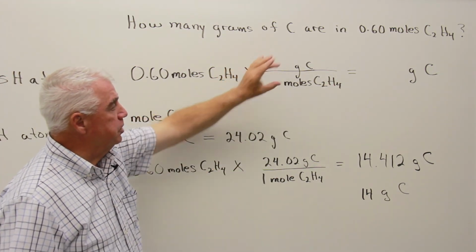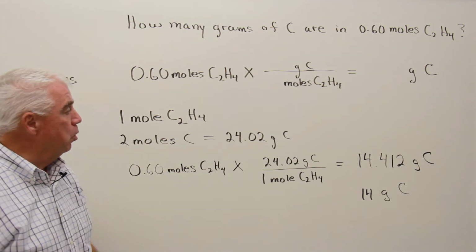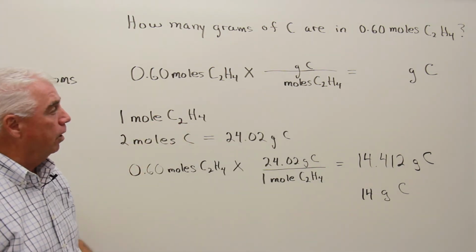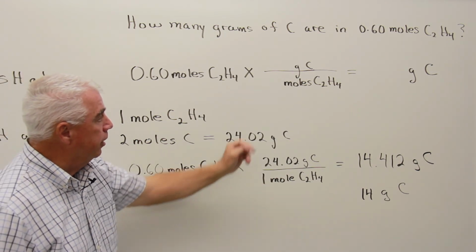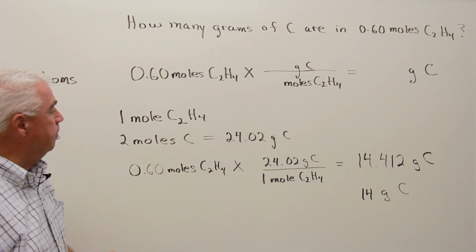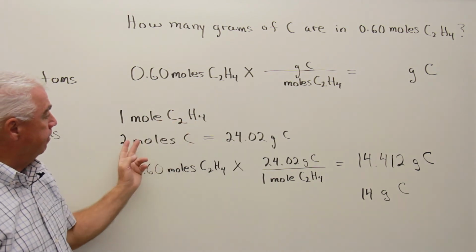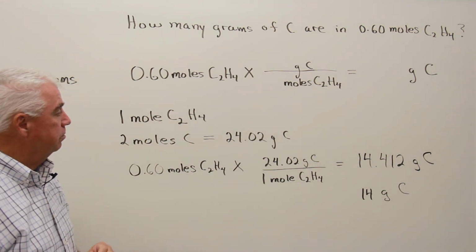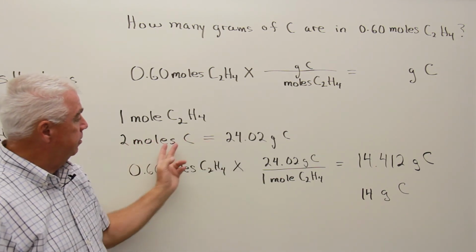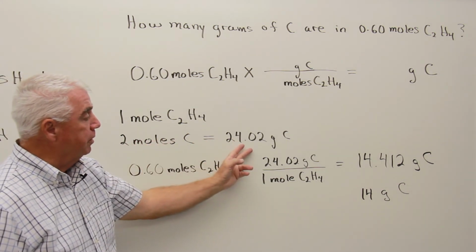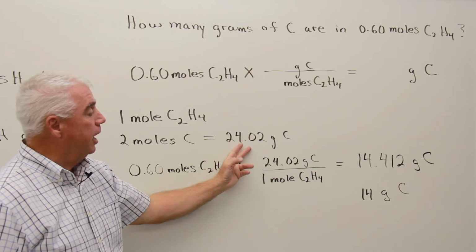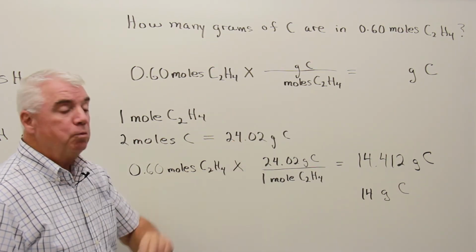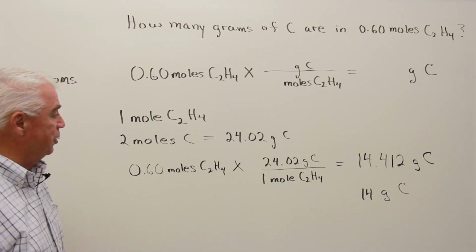And these numbers now we'll get by using the mole concept. If I had 1 mole of C2H4, we'll put a mole down here of C2H4. We know that we have 2 moles of carbon because of that subscript 2. And to find out what 2 moles of carbon weighs, we can go to the periodic table. Its atomic weight is 12.01. 2 moles would be 24.02.